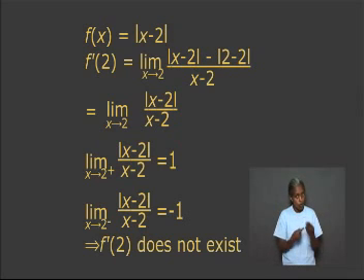So, the limit of the absolute value of x minus 2 over x minus 2 as x approaches 2 doesn't exist. Therefore, we must conclude that f prime of 2 does not exist.